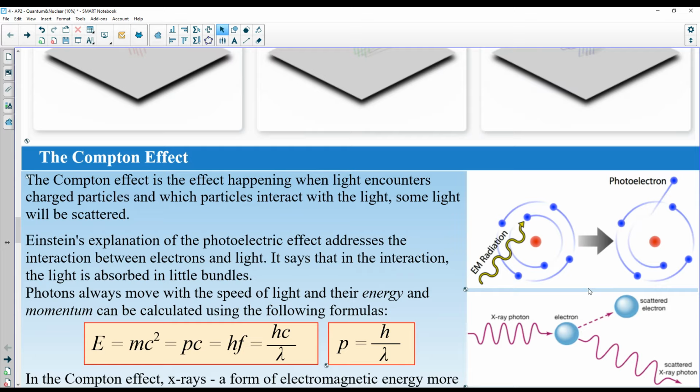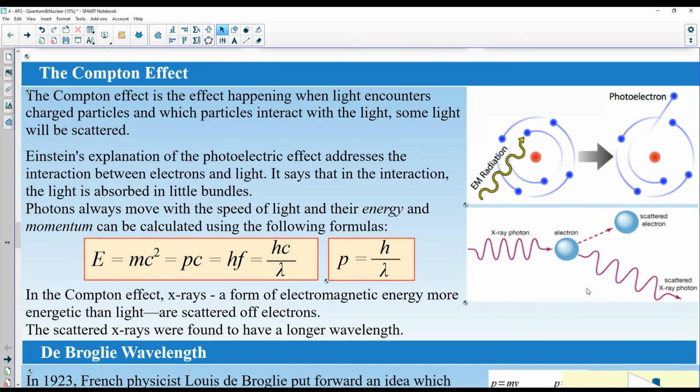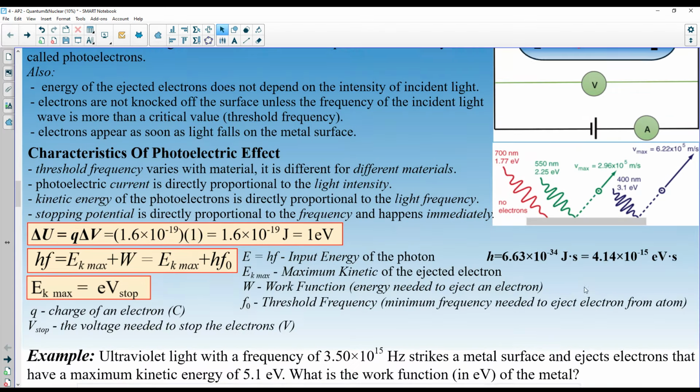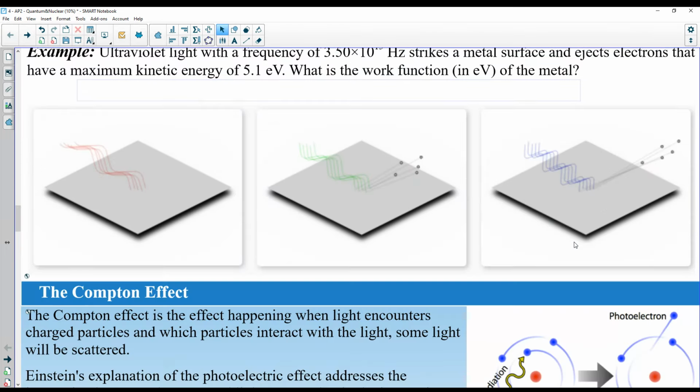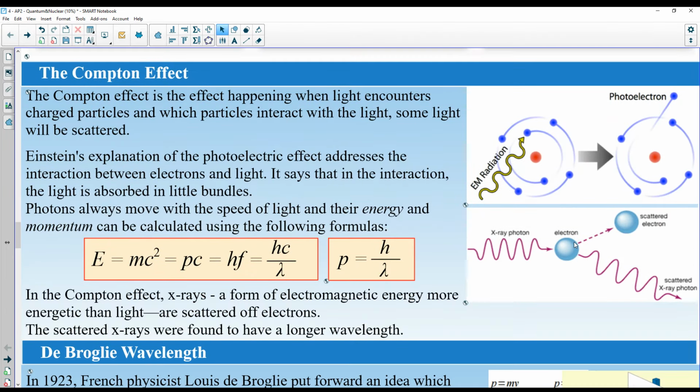So that was our photoelectric effect that we talked about. And here is the Compton effect. The Compton effect is the relationship between momentum of the electron and the photon.